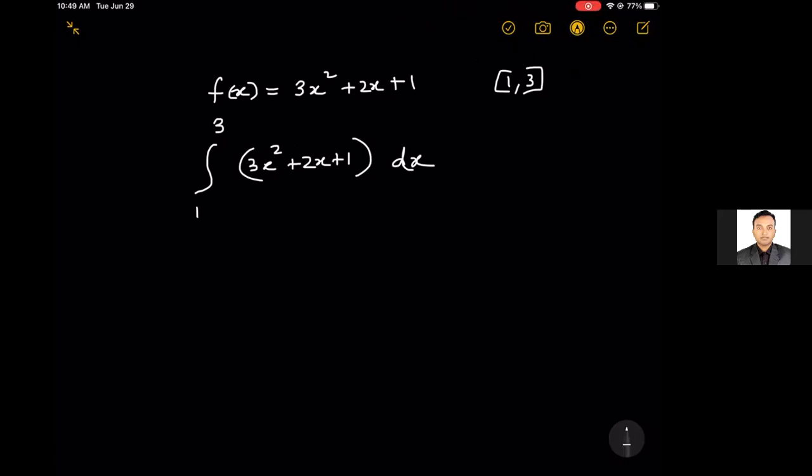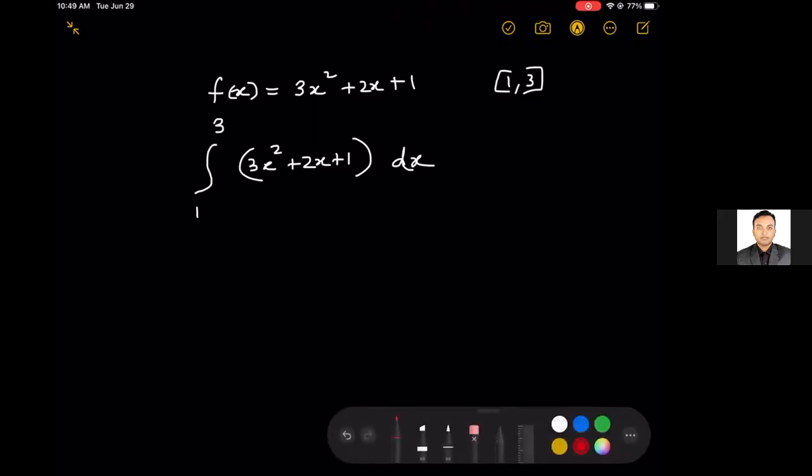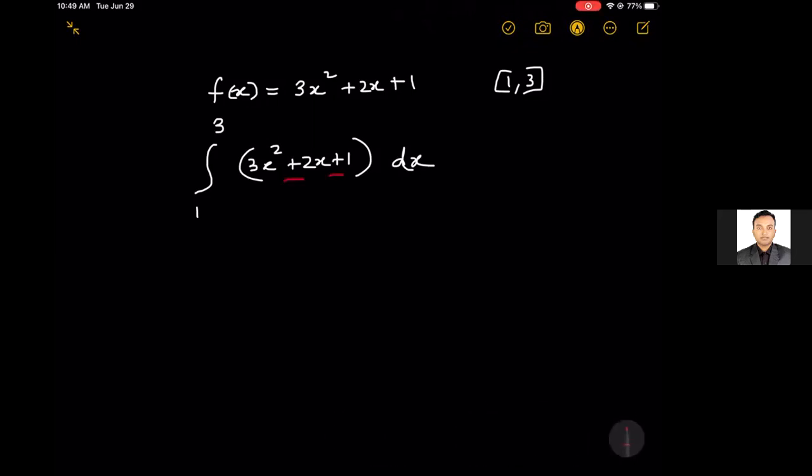Okay, now let me help you with this. Since we have more than one terms here, we have actually 3 terms precisely. What can you do? Anyone? Just give it a try. Make it pretty by the sum rule. Exactly, very good. We have done this for derivatives, we have done this for indefinite integrals.